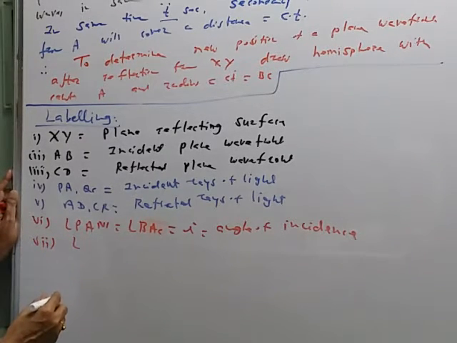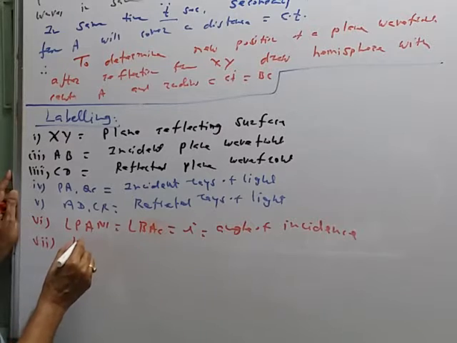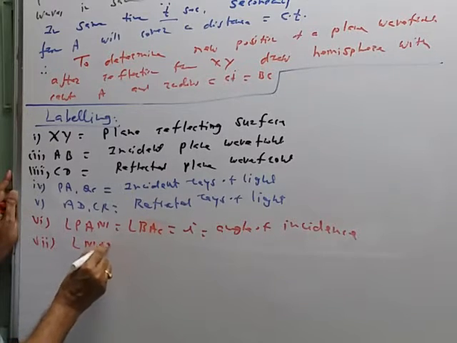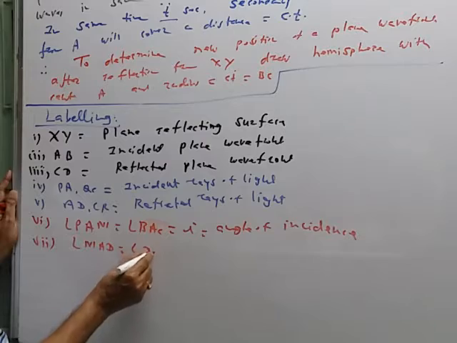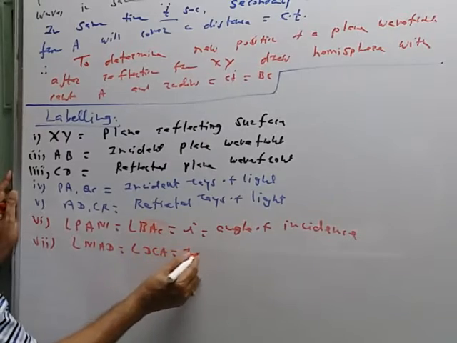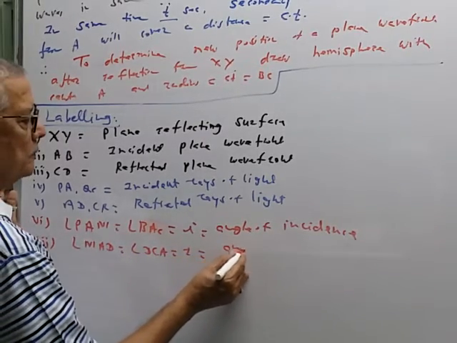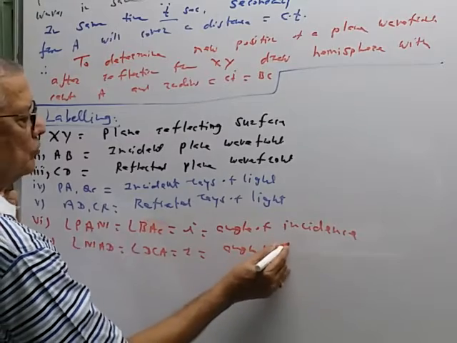Angle MAD is equal to angle DCA is equal to R is equal to angle of reflection.